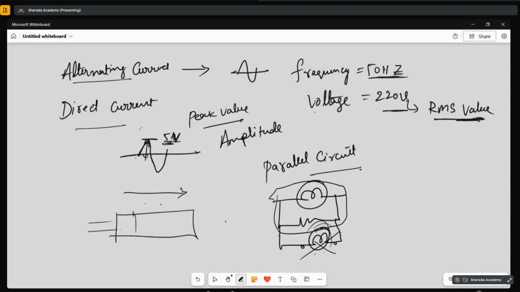But in a series, if there is some open circuit, then there is no continuous path, and no current flows through it. These questions they will ask: why parallel circuit. Then all the appliances will not work. It is very bad, right? One bulb is not working, then the whole thing doesn't work. So we always use the parallel circuit. That is the first one.